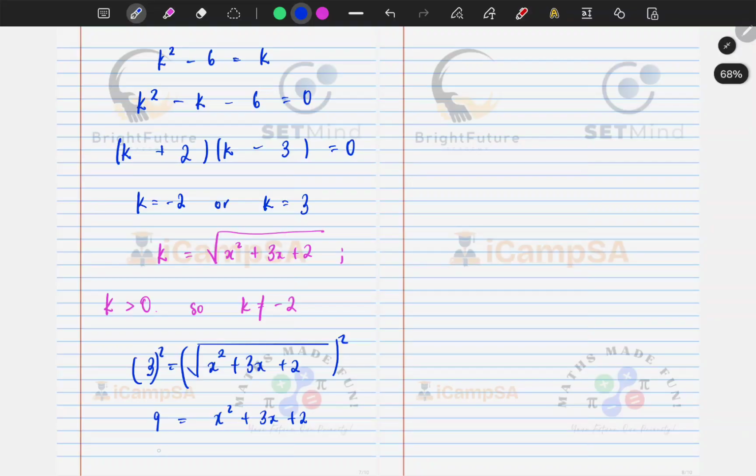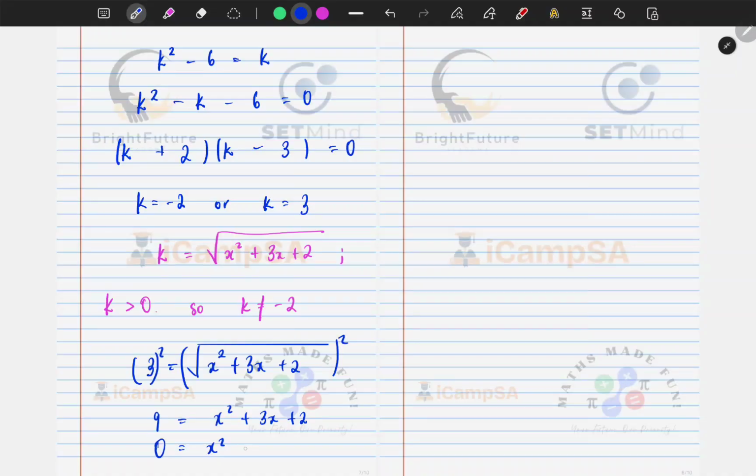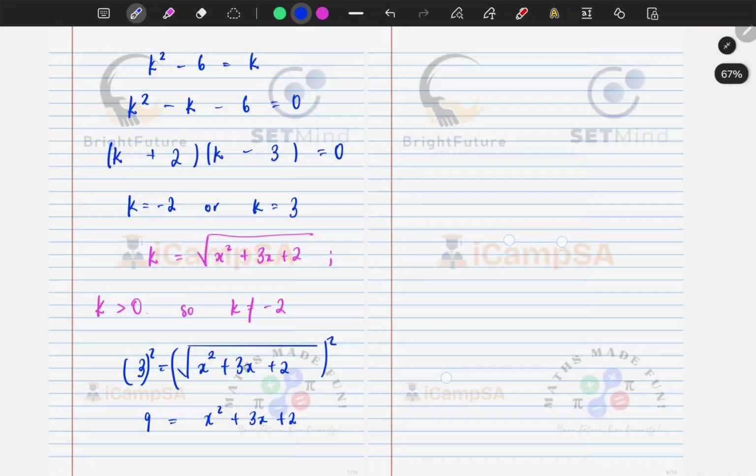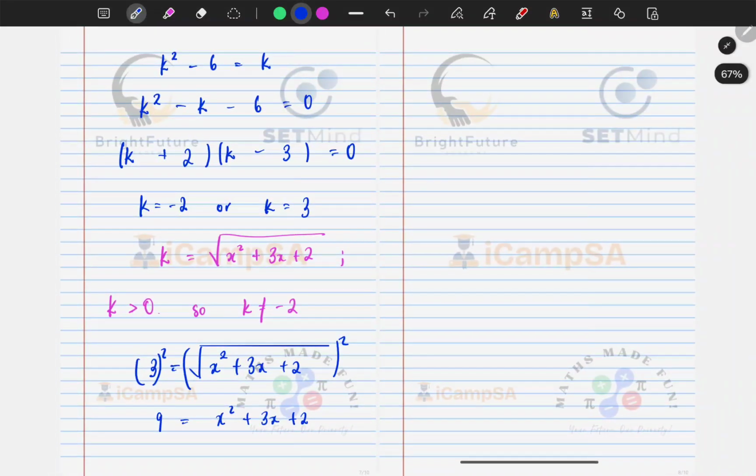Great. Let me write it on a new page for space reasons. So I'm going to transpose 9, and when I transpose 9, I'm going to be left with 0 equals x squared plus 3x.